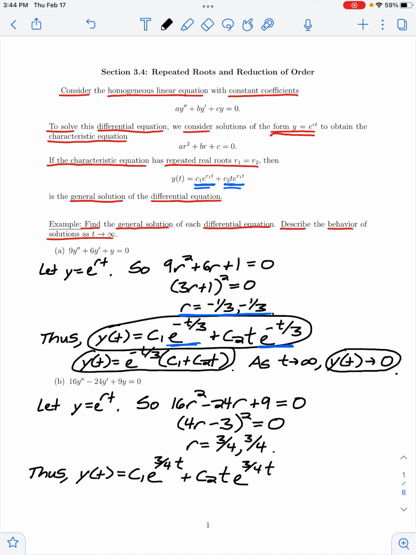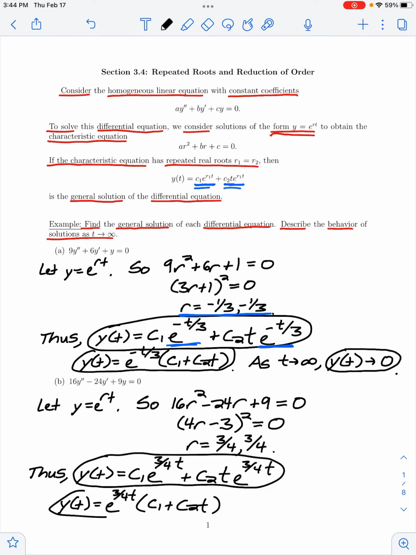Or again, if you want, you could factor out the common exponential term, e to the 3/4 t power. We're left with c1 plus c2 times t. So either expression that you prefer there would be our general solution.